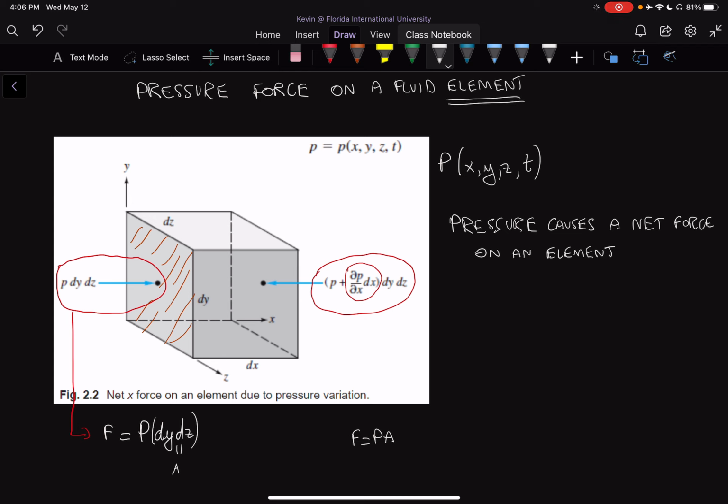So from the right side, the force is equal to pressure plus a differential of pressure with respect to x, so how much the pressure changes with x, multiplied by dx, which is the distance.